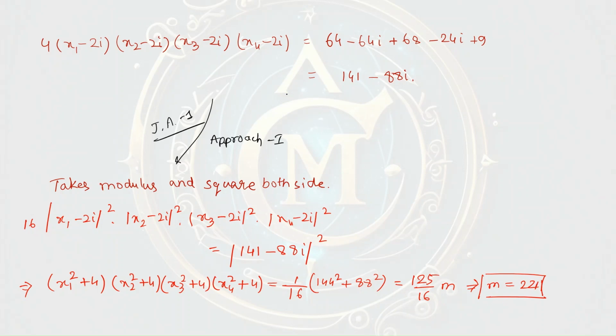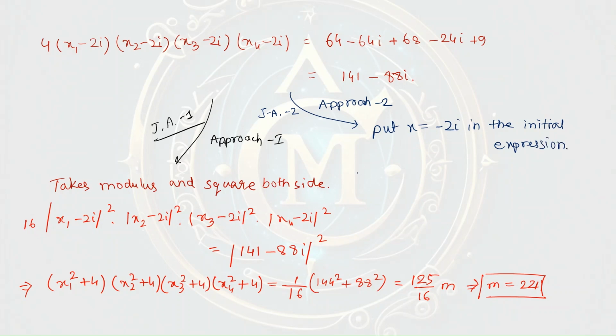Now let us discuss a second approach, Approach 2. It is followed by JEE aspirant 2. He or she puts x equal to minus 2 iota in the initial expression.